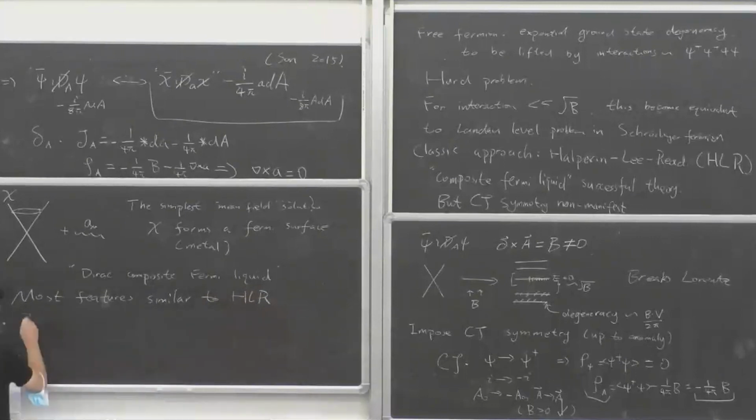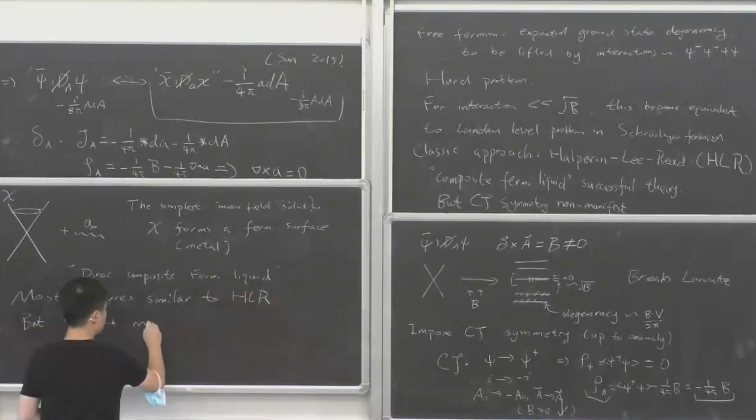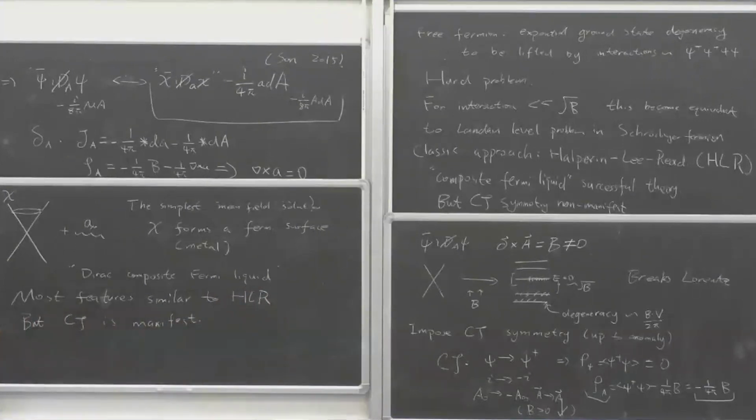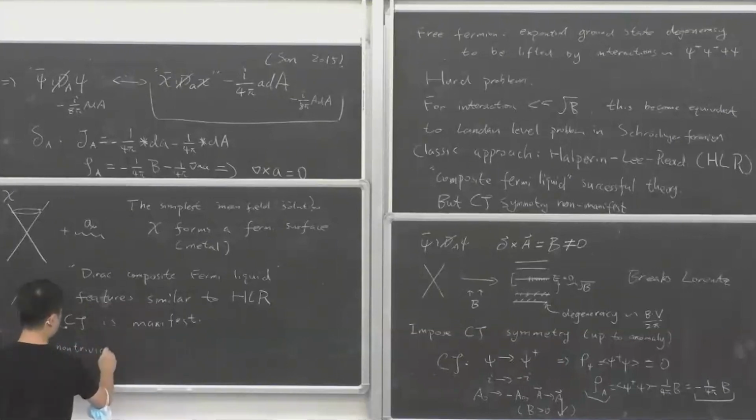But the CT symmetry is manifest, so it does come with some non-trivial consequence that's not there in the good old HLR. So there is at least one non-trivial consequence.